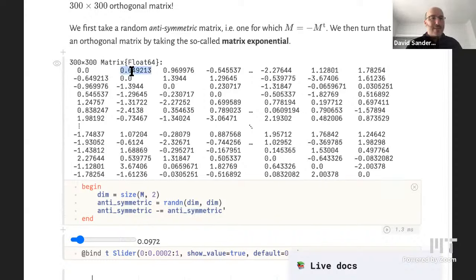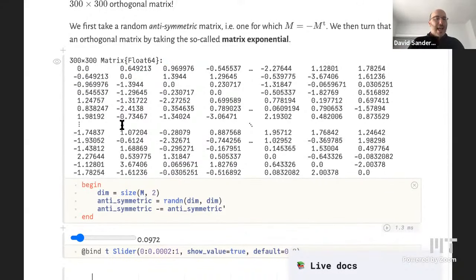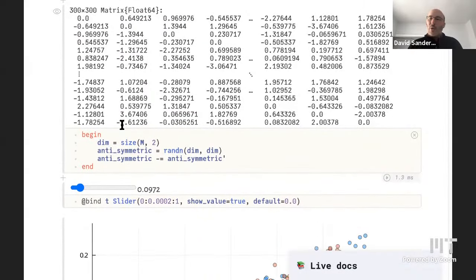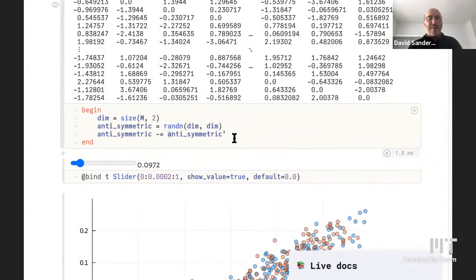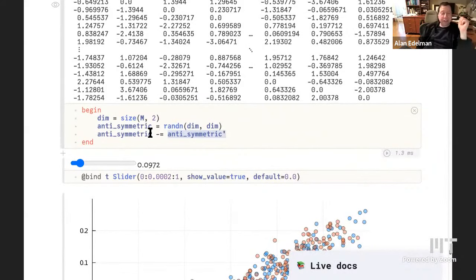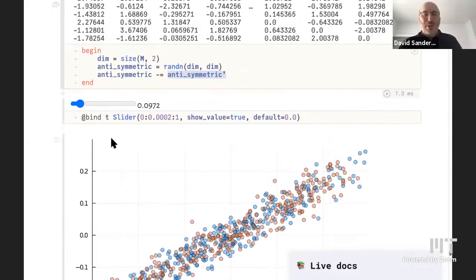It's antisymmetric, which means that the ij element is minus the ji element, and you can see that's the case for all of these elements. Then we do something called the matrix exponential on that antisymmetric matrix, and that gives us an orthogonal matrix, a rotation. And so the result looks like this.